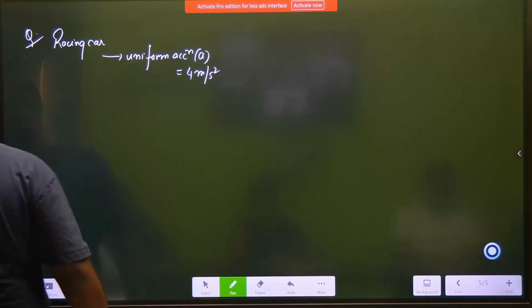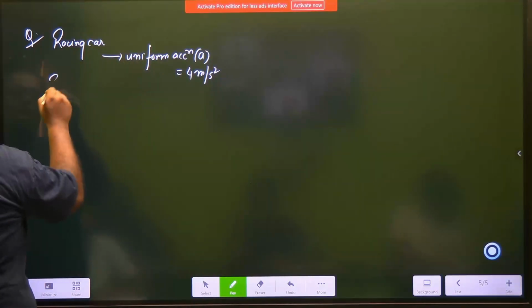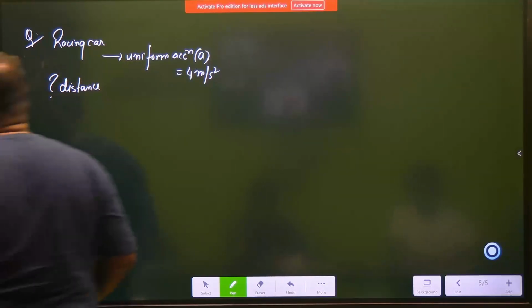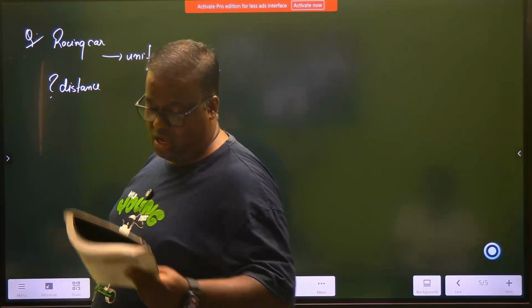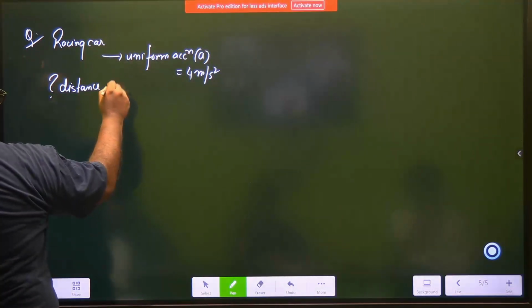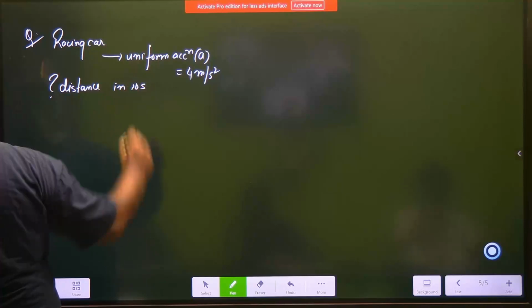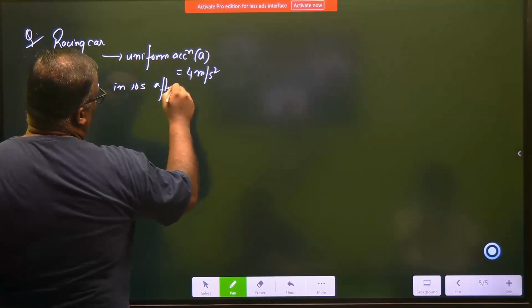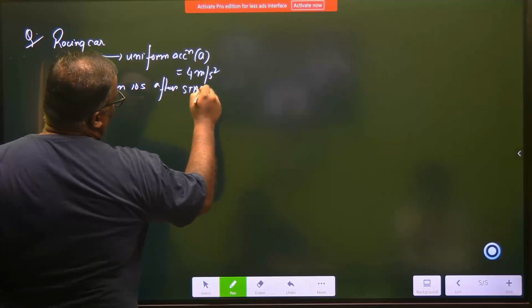It says how much distance. Now look the word. They're using the word distance, but these problems are all in a straight line. How much distance will it cover in 10 seconds? After start.